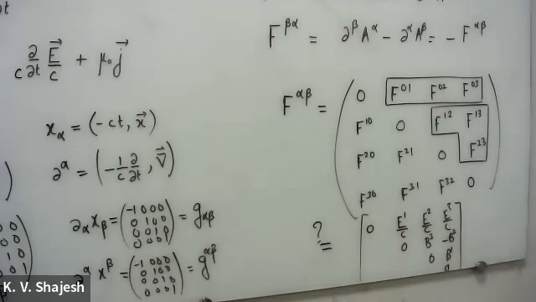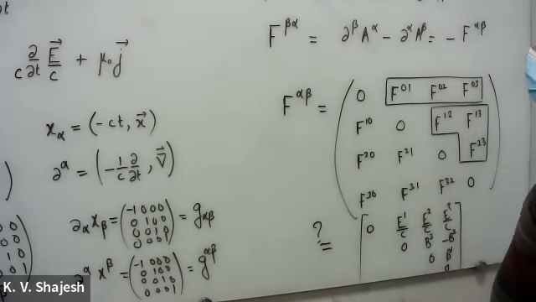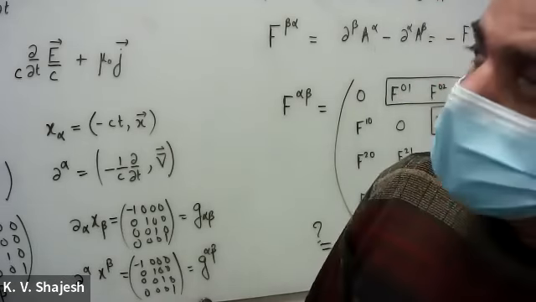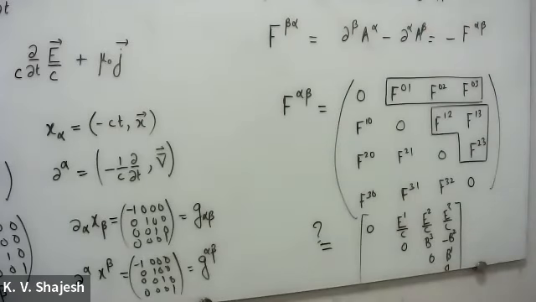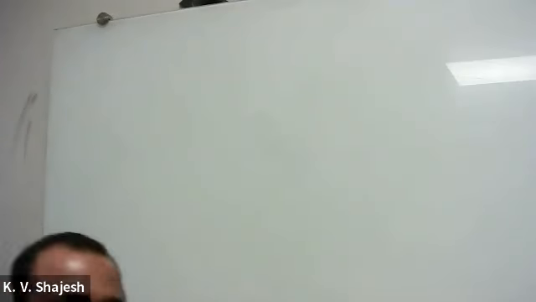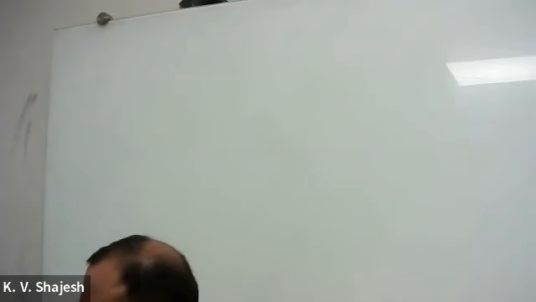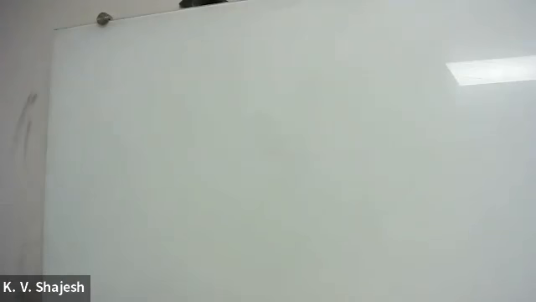But how did I get this? This was just a definition, so let's see what this is. Let's evaluate each of these separately. Any questions at this stage? How can you tell that this one is for the electric field and the other for the magnetic field? It's not at all obvious.